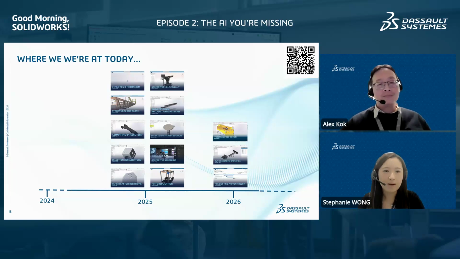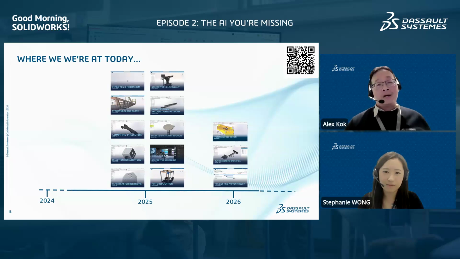And especially when a company is using external toolboxes or some customized hardware, those may not fully work with the smart fasteners. So, is there some AI assist capability that can help this group of users?